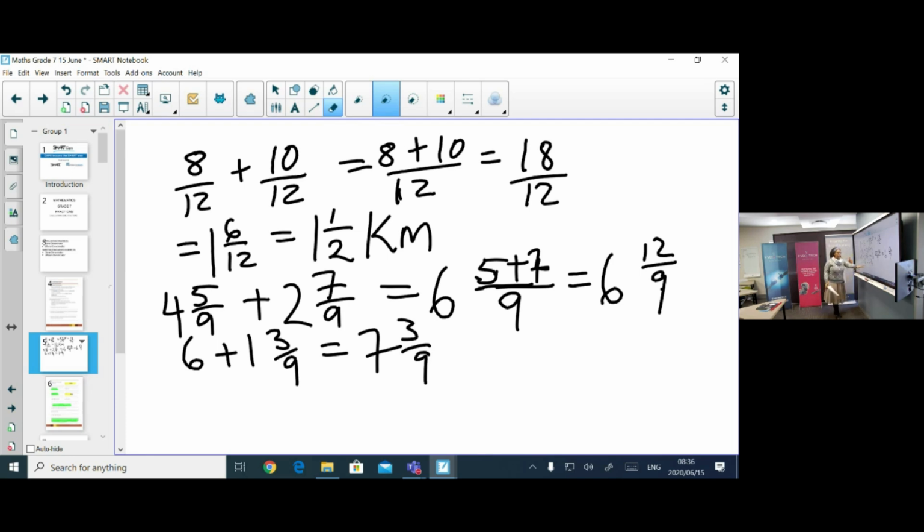It is always good in math to simplify your fractions. We can leave it like that, but we need to always simplify it. 3 into 3 goes once, 3 into 9 goes 3 times.